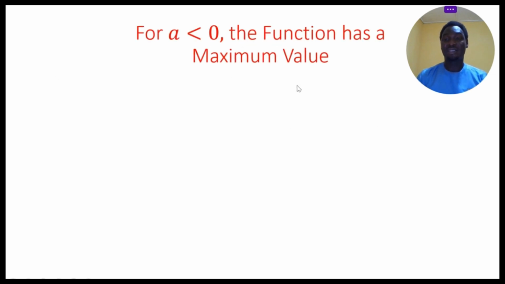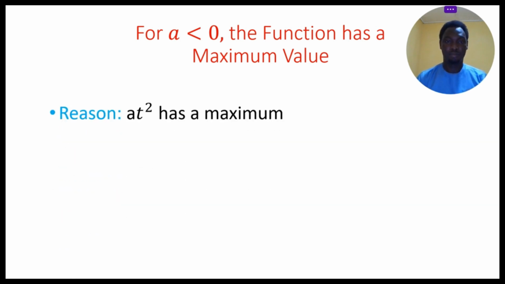The function in this case has a maximum value, and we explain that as follows. Remember, the function is at squared plus s, which is a constant. So at squared has a maximum value. That is why at squared plus s, which is f of x, has a maximum value.